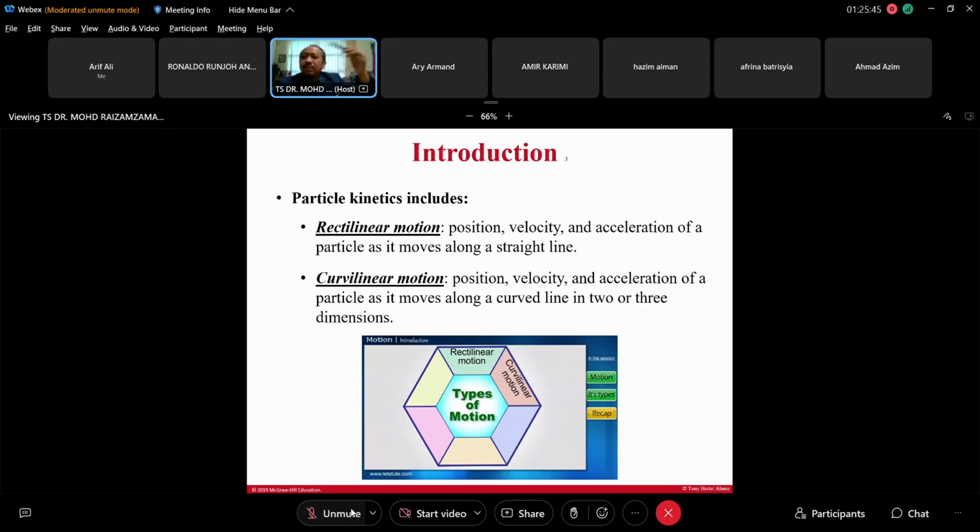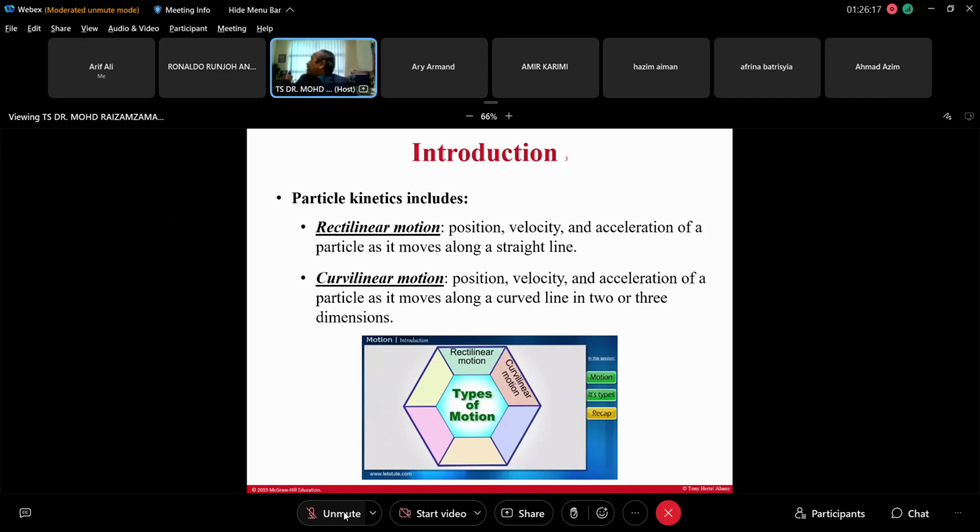Can you imagine, is it straight or curved? Some of you play netball, basketball. Can you imagine the motion, is it in a straight or in a curved line? Curve.